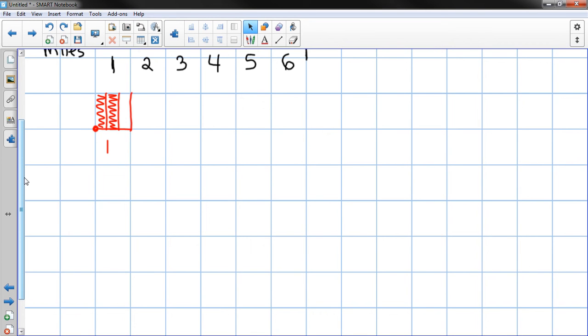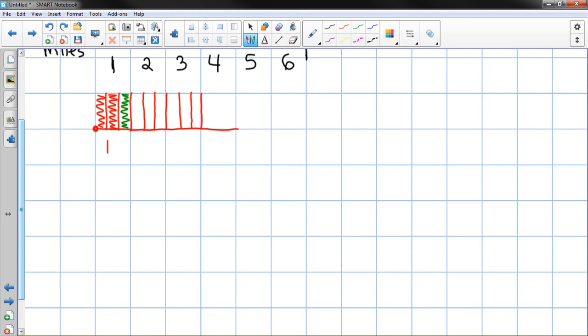Use a different color. I think I'll do this. Break them up into thirds. He still has to go 6, right?